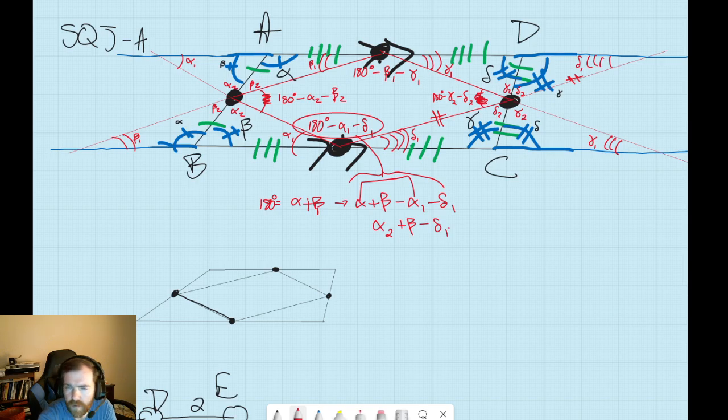This length and that length are the same, but that doesn't necessarily help anything.